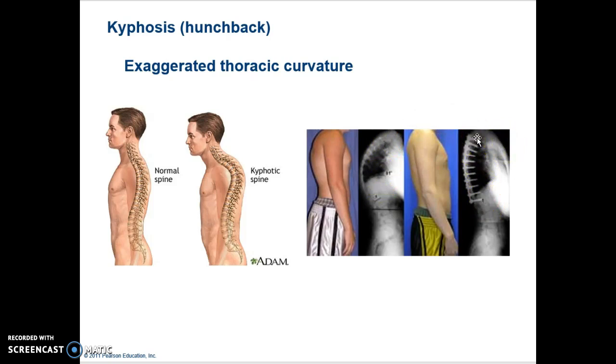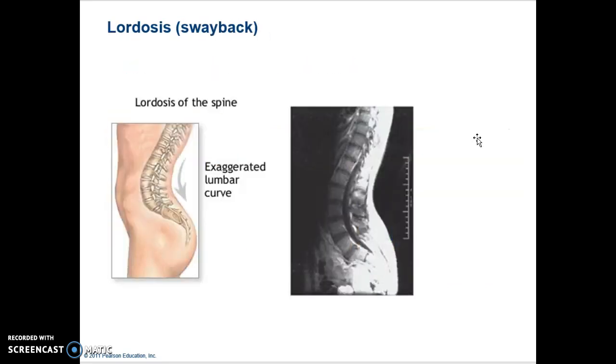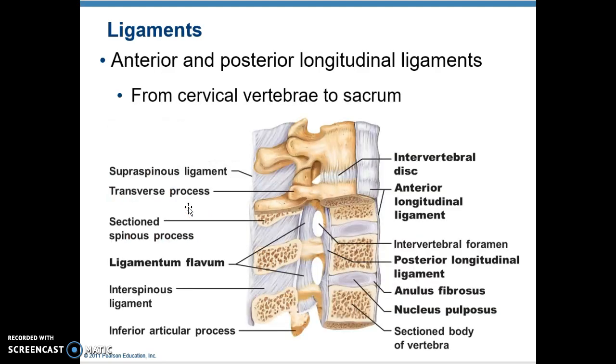And I'm moving so quickly I forgot to point out the same thing in the young person with scoliosis. But you don't need to know how to do the surgery to correct. Then lordosis is simply, as this shows right here, an exaggerated lumbar curvature. And that's all you need to know about it.